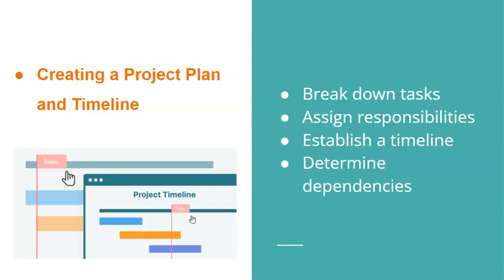You can use project management tools to visualize your timeline and then track your progress, all right? And then finally, you should be able to determine dependencies. What we call dependencies are tasks that are dependent on others in order for you to achieve results. You need to determine which tasks depend on the completion of others.